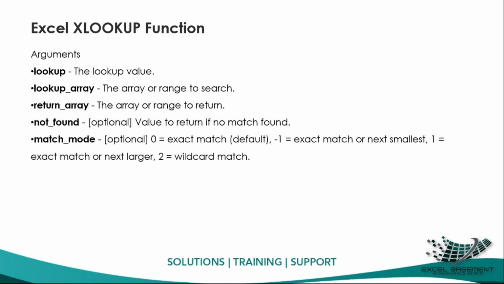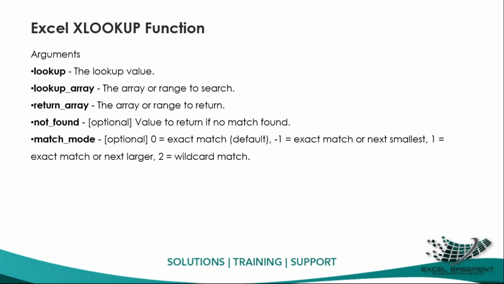Match mode: there are three match modes here. Basically it's optional, and if you skip it, it is the exact match by default. For users of VLOOKUP, if we skip the last argument, which is the range lookup, the default is 1, which is the true approximate match.